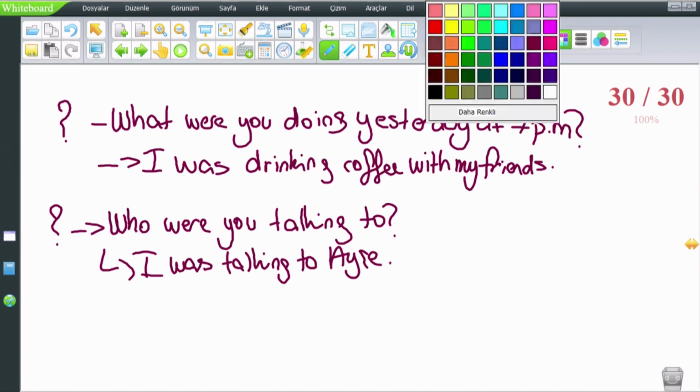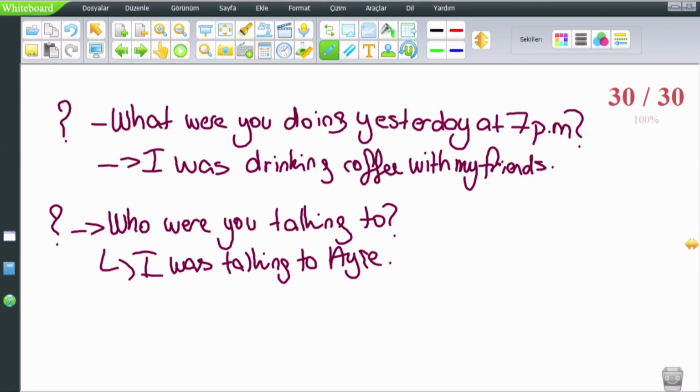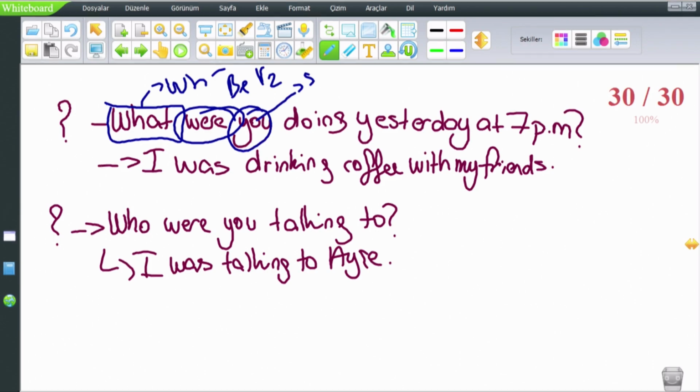In the meantime, we have seen the question form of past progressive. This is a classic WH question form, and after our WH question, we have our be verb to form, subject, verb ing.